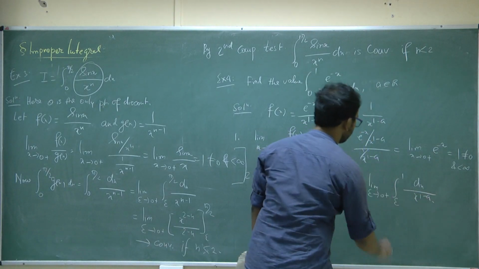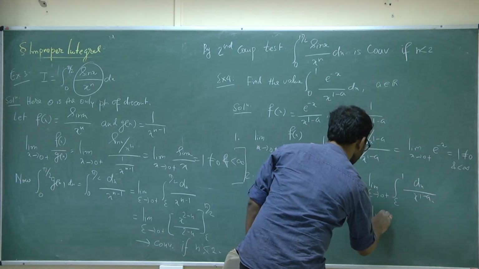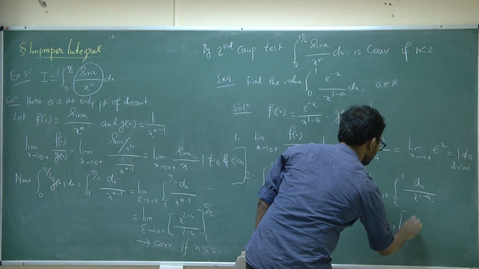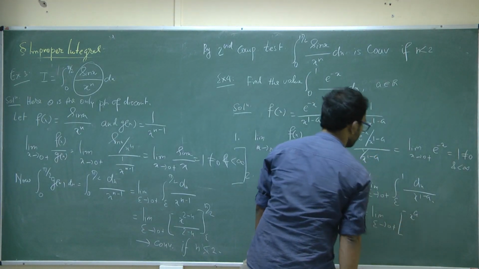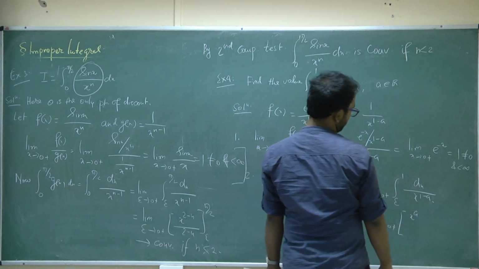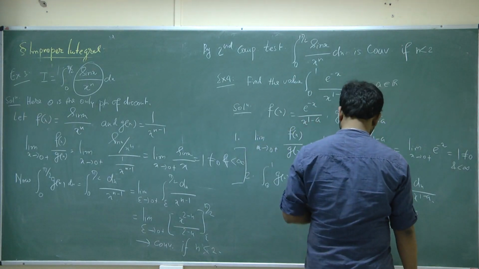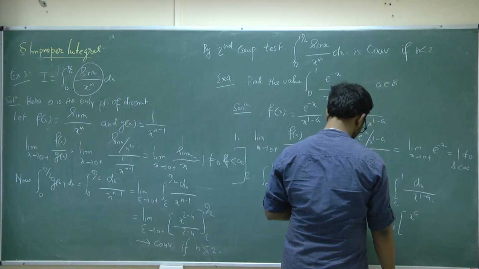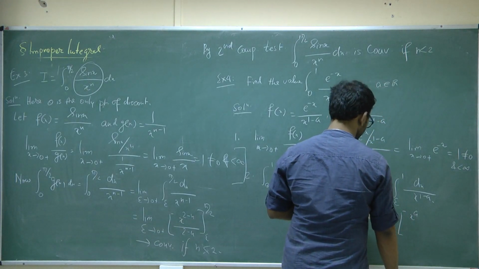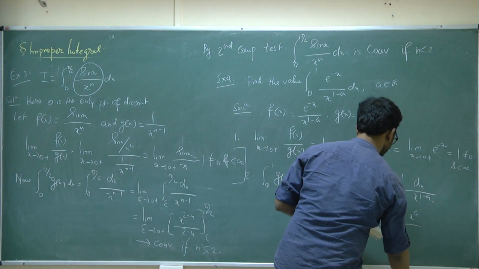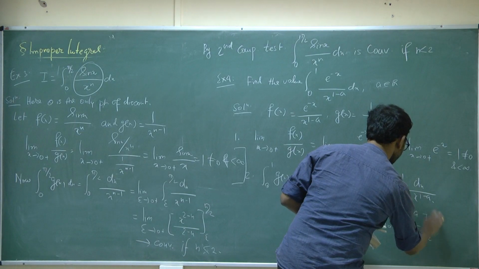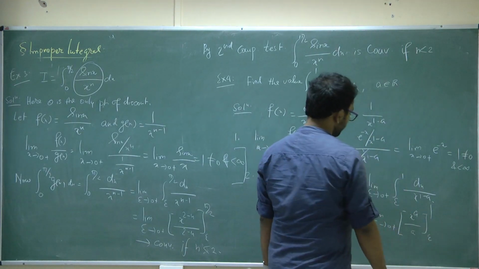So, this will become the limit as epsilon tends towards 0 of x to the power a divided by a, from epsilon to 1.